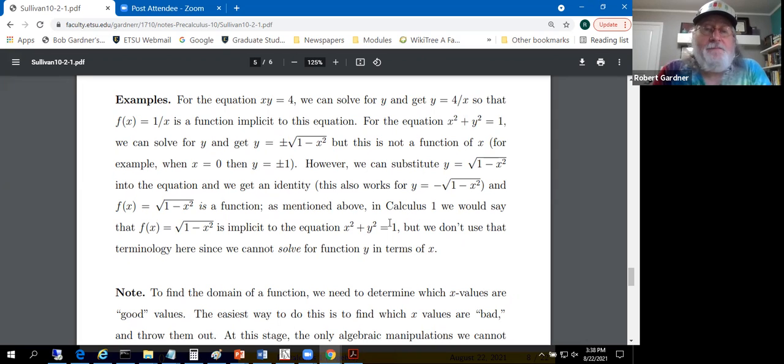In Calculus 1, you would say this function is a function implicit to this equation, as is the negative square root. Maybe g of x equals negative square root of 1 minus x squared. There are two functions that are implicit to the equation, and that is the use of the term implicit in Calculus 1. And here, we're using it differently.